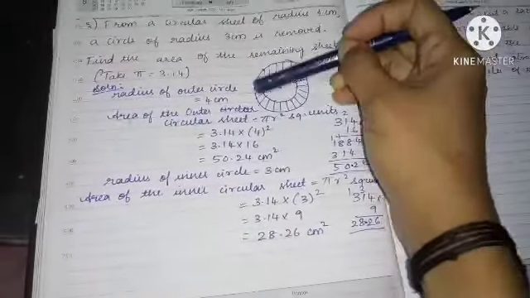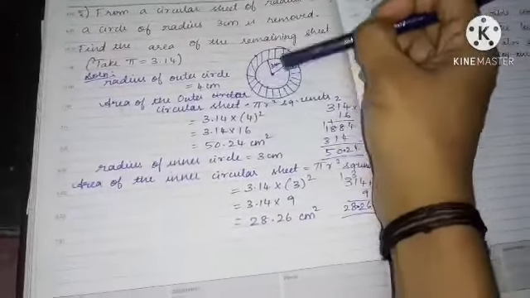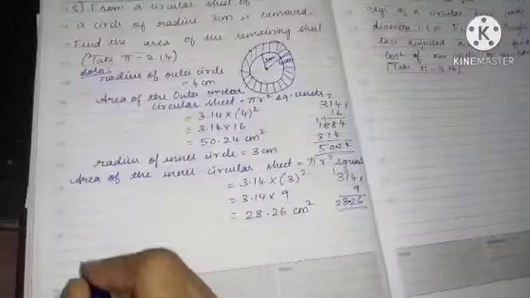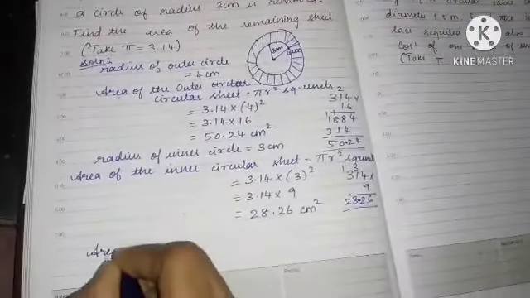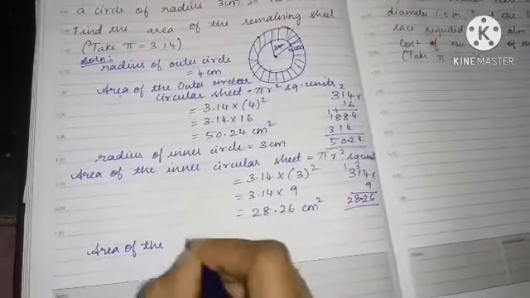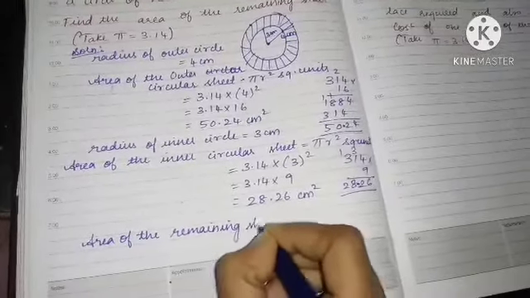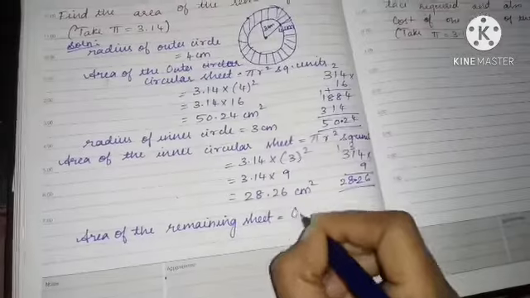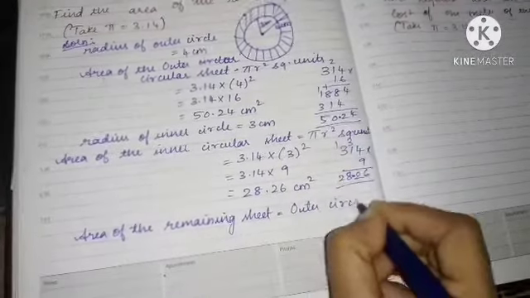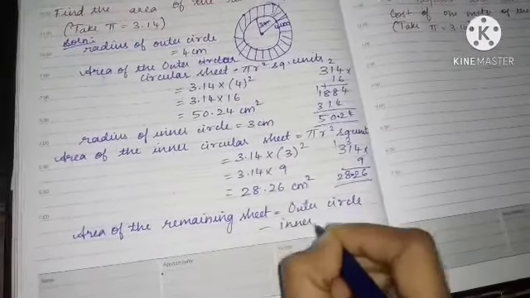From the larger circle, if you subtract the smaller circle, you will get the remaining sheet. So how do you find the area of the remaining sheet? Area of the remaining sheet is equal to outer circle minus inner circle.